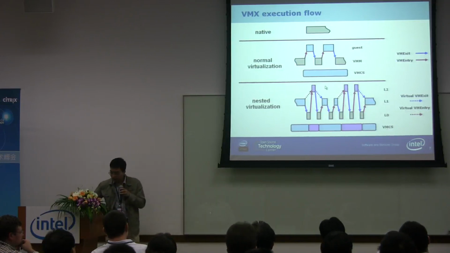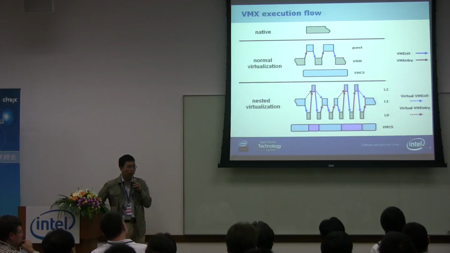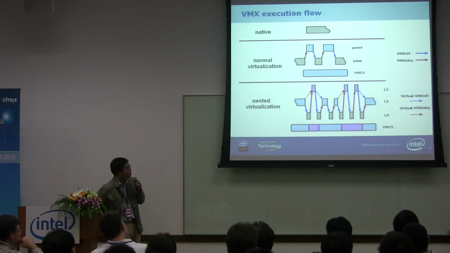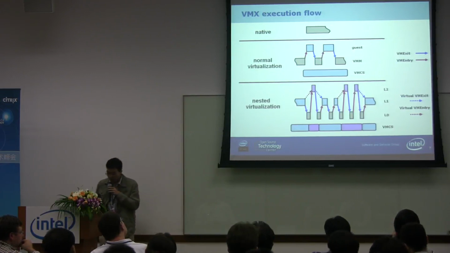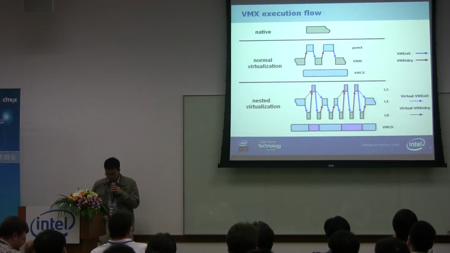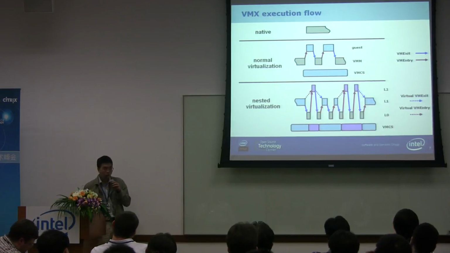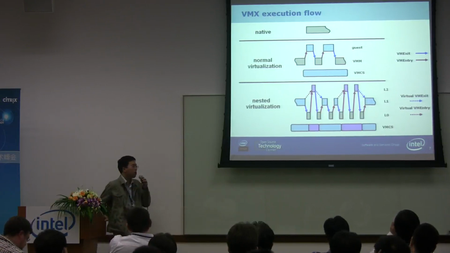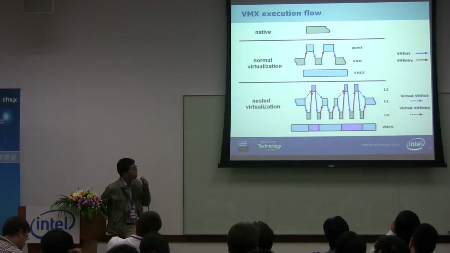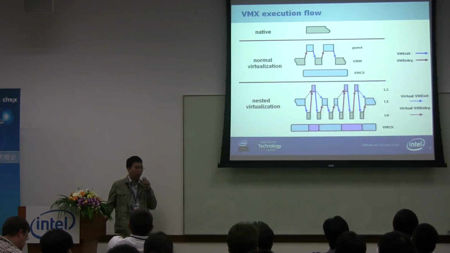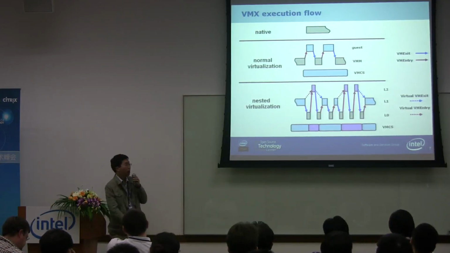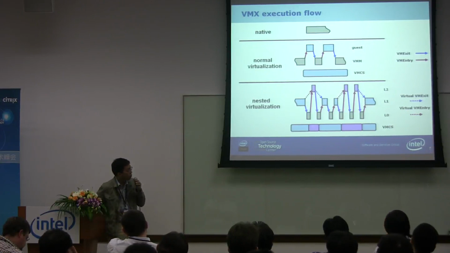And this realizes a virtual VM entry. Similarly, when the level 2 guest has some sort of event and has to exit, it exits directly to level 0. And here, level 0 will have a kind of algorithm to see whether this VM exit should be handled by level 0 itself or forwarded to level 1.